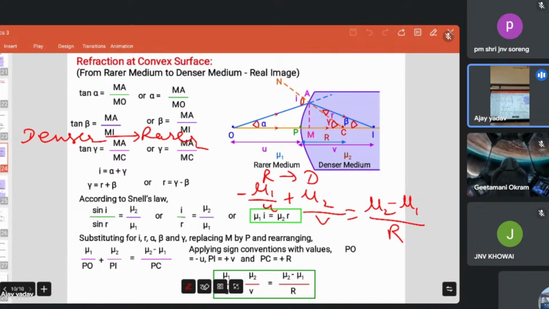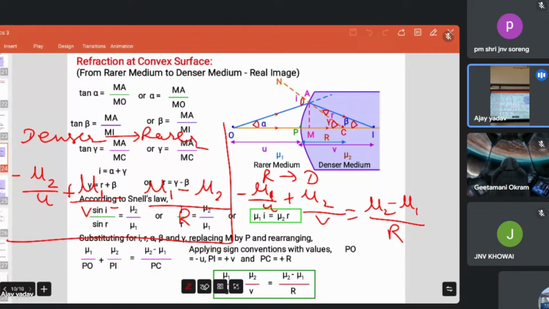In denser to rarer, we simply replace these subscripts 1 and 2. So here minus mu1, in place of 1 we will write 2, upon u, plus as it is mu2, here in place of 2 we will write 1, upon v, equals mu2 minus mu1, so here in place of 2 we will write 1, here in place of 1 we will write 2, upon R. This will be the formula for denser to rarer medium, and this is the formula for rarer to denser.